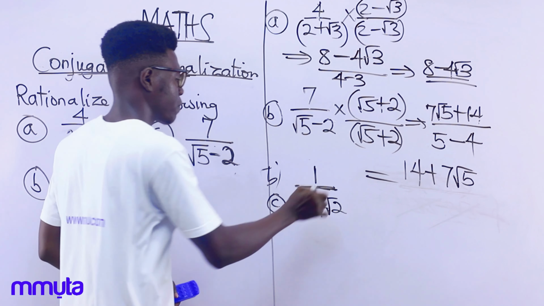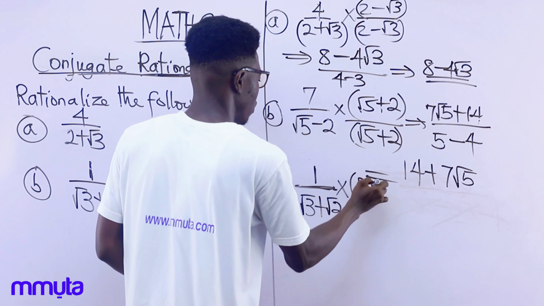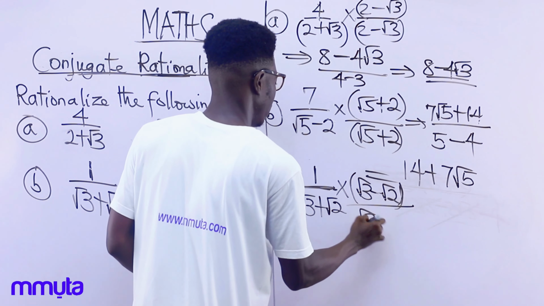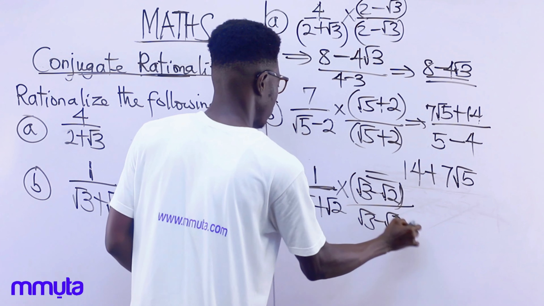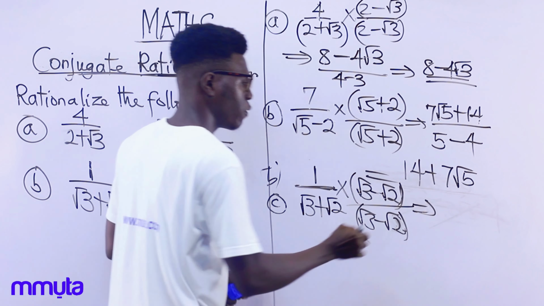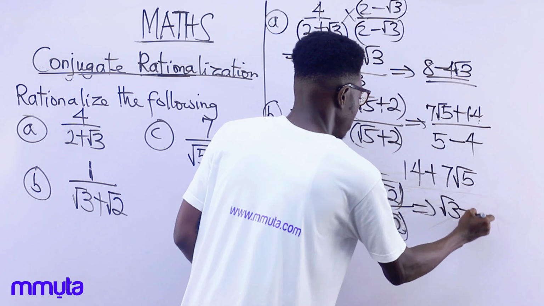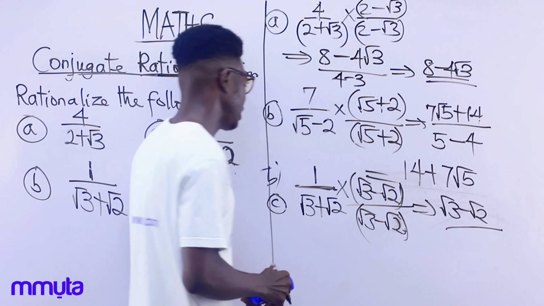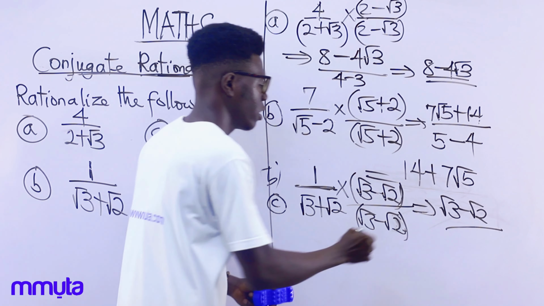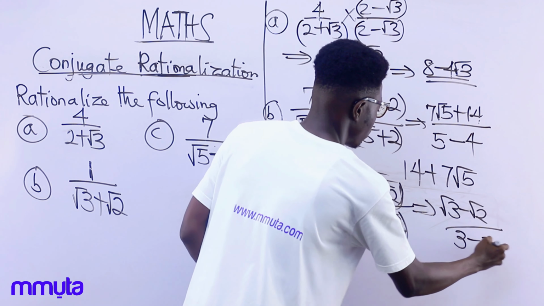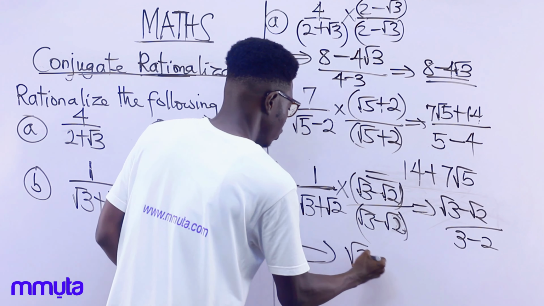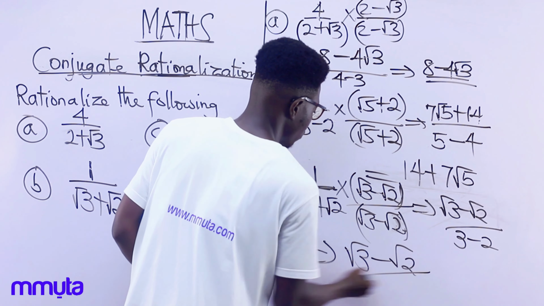So in this case, we have root 3 minus root 2 over root 3 minus root 2. This is going to give us root 3 minus root 2 up, and in this case, the bottom is root 3 squared minus root 2 squared, which is 3 minus 2. And 3 minus 2 is 1. So the answer to this is simply root 3 minus root 2.